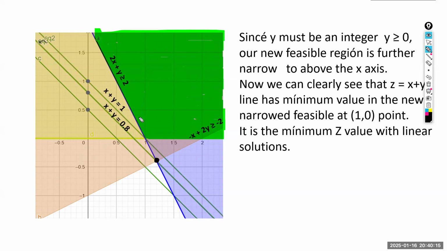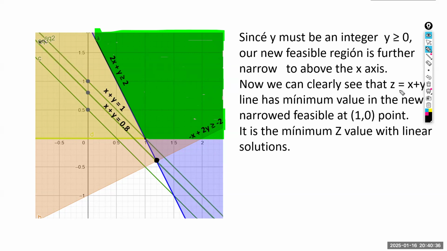But now, earlier we had this region also. Now your region is here. Now your region is the green area. Since y must be an integer greater than or equal to 0, our new feasibility region is further narrowed to above the x-axis. Yes, that is the green area.